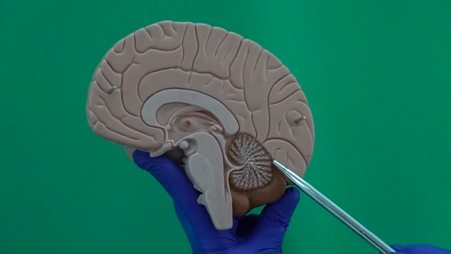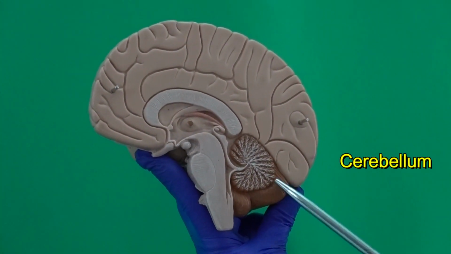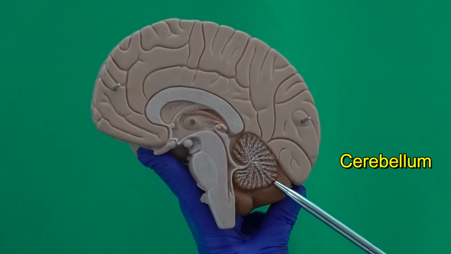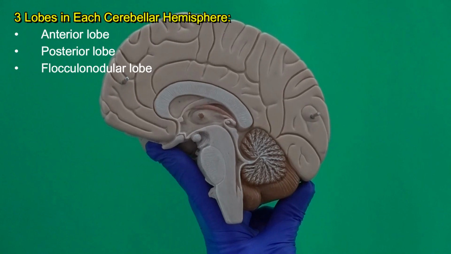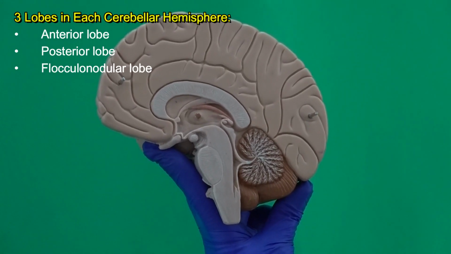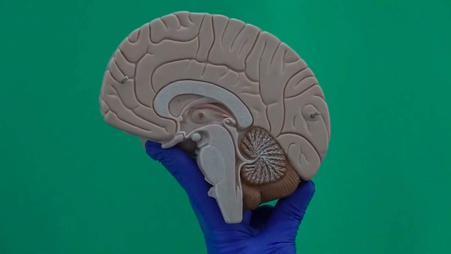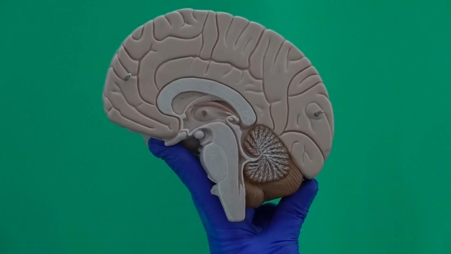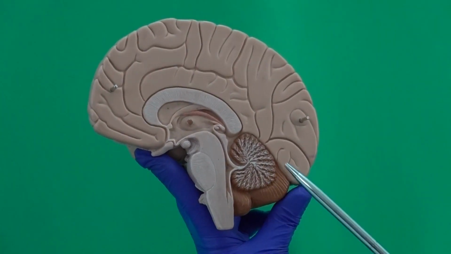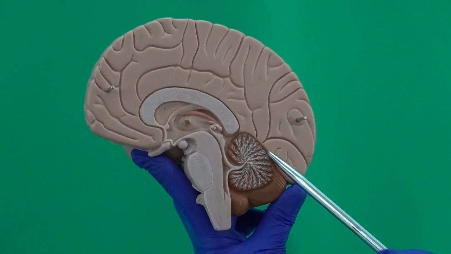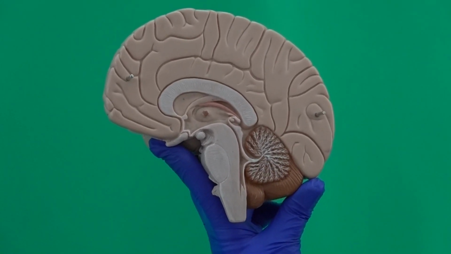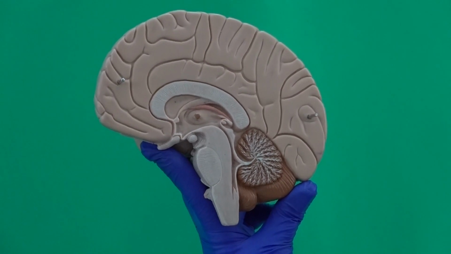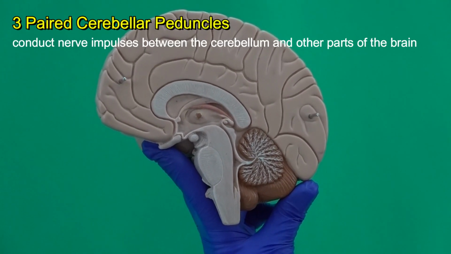In cerebellum, which right now I am pointing at the right cerebellar hemisphere, in each hemisphere we have three lobes: anterior lobe, posterior lobe, and flocculonodular lobe. All these lobes are involved in regulating and coordinating body movement. And it is important to note that cerebellum is connected to brainstem by three pairs of groups of myelinated axons named cerebellar peduncles.